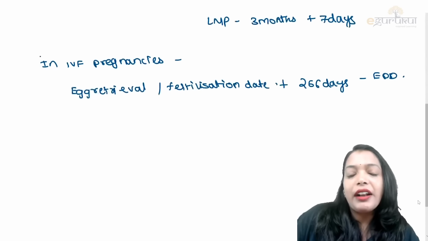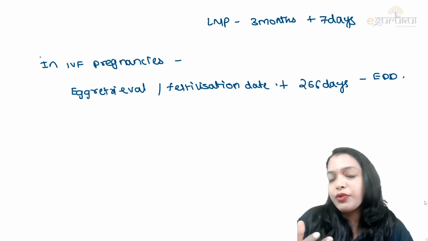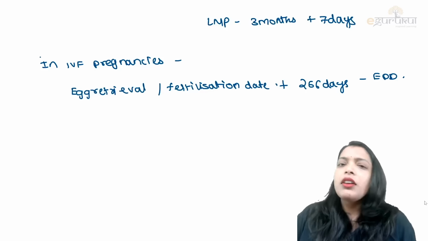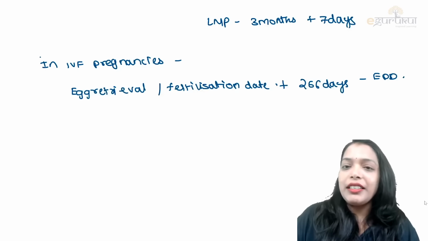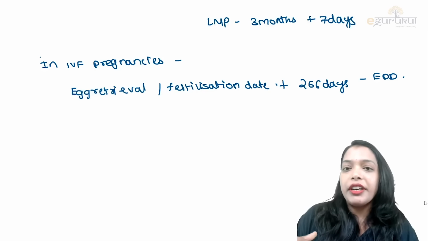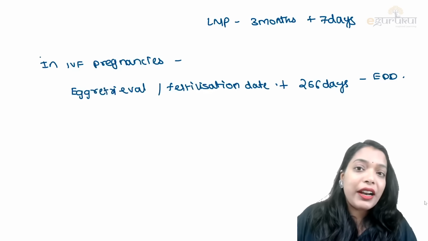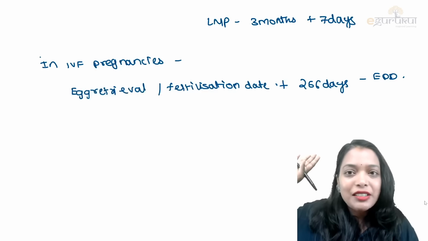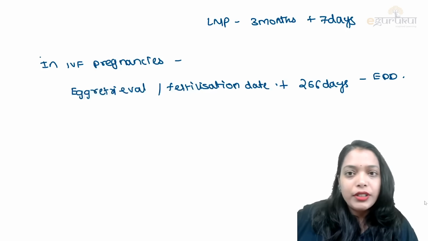The next concept is, imagine that you have frozen the embryos for this lady. If you have retrieved the egg and fertilization, and once the embryos are there, you have frozen them and you're transferring them in the next cycle, then this formula is not valid, no? Because the egg was retrieved last month and the embryo was frozen, and now again you are transferring it.